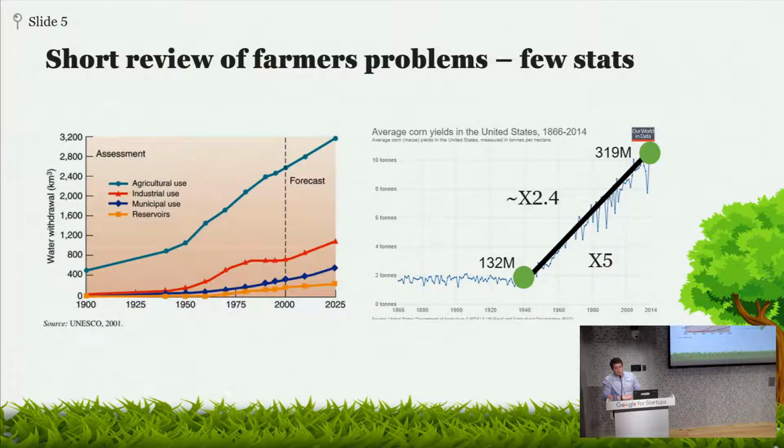But the amount of food that we provide, especially corn per hectare, has increased by a factor of 5, which is great, because contrary to what has been told to you so far, we actually see that we are able to feed more people and are doing it right.